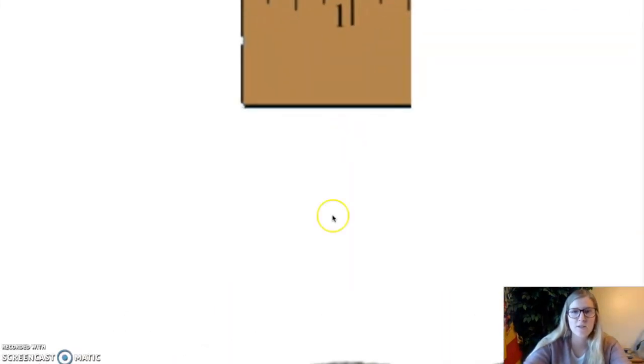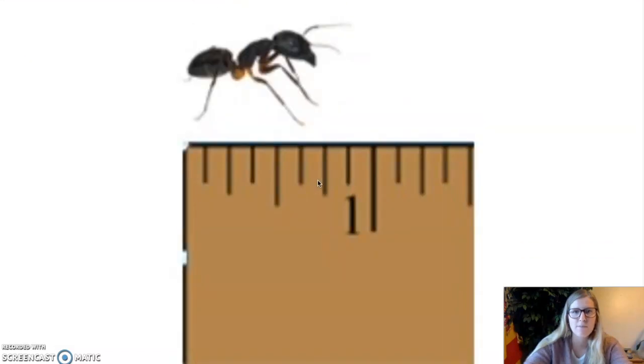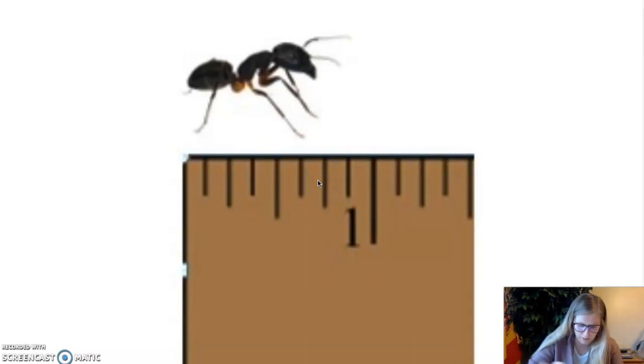I'm going to maybe zoom in. Hopefully that's zooming in for you guys too. That's so I can write it a little bit closer, right at the edge of the antenna. There we go. That looks better. Then I'm just going to go ahead and count. I've got 1, 2, 3, 4, 5, 6, 7. I can count every single line because I noticed that I ended on a small line, which means that I'm using every single one. So 7, so that means this ant is going to be 7/8 of an inch, okay?